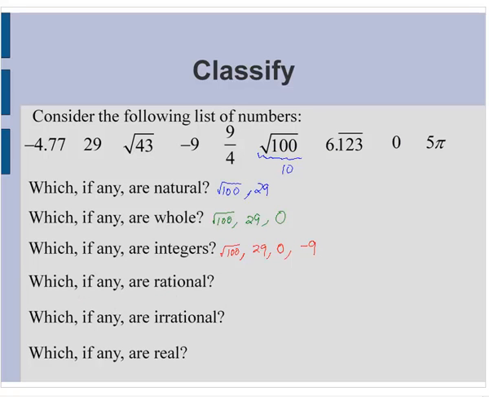Which, if any, are rational? All right, so remember the rational numbers were any integers, and basically any number who had a decimal form that would terminate or repeat infinitely. But we know that anything that's an integer is also rational.